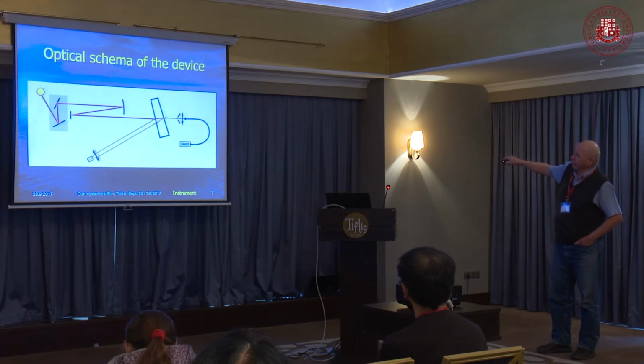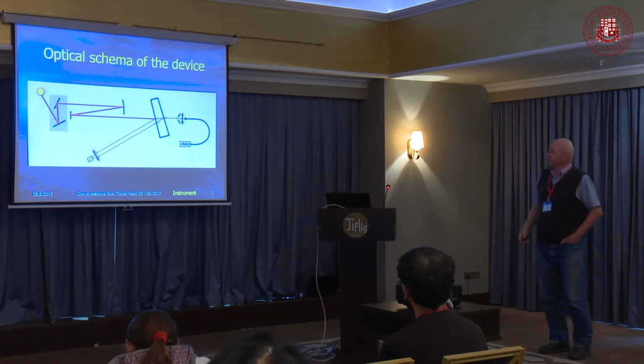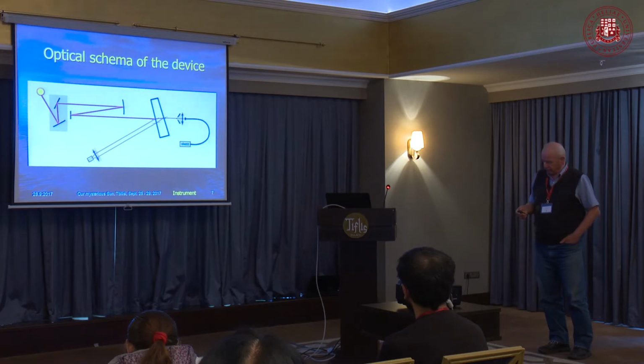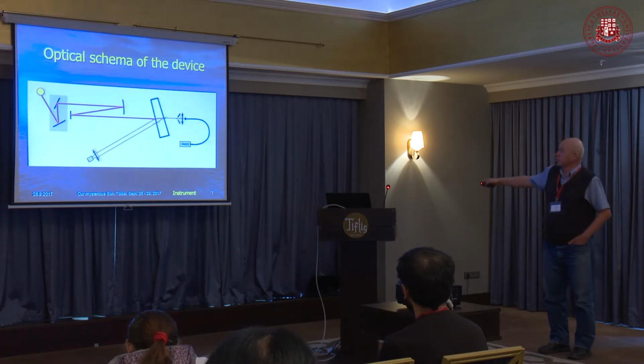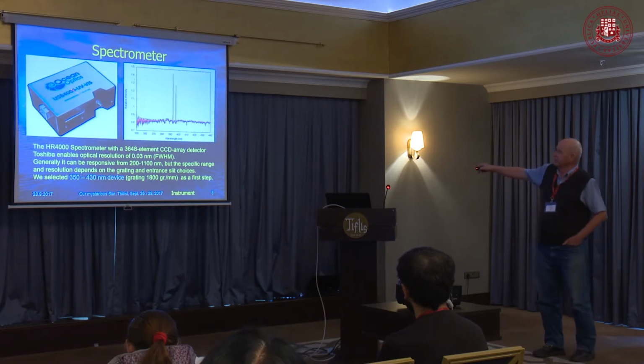And also a part of this beam is reflected, and we use it for making an H-alpha picture of the situation on the entrance diaphragm to the system. So here is how it really looks. Here is the small spectrometer.